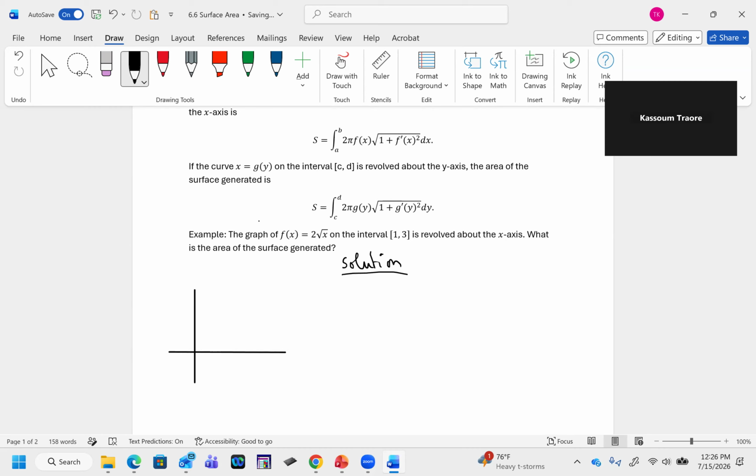So the graph of 2 square root of x is something like this, right? From 1 to 3.